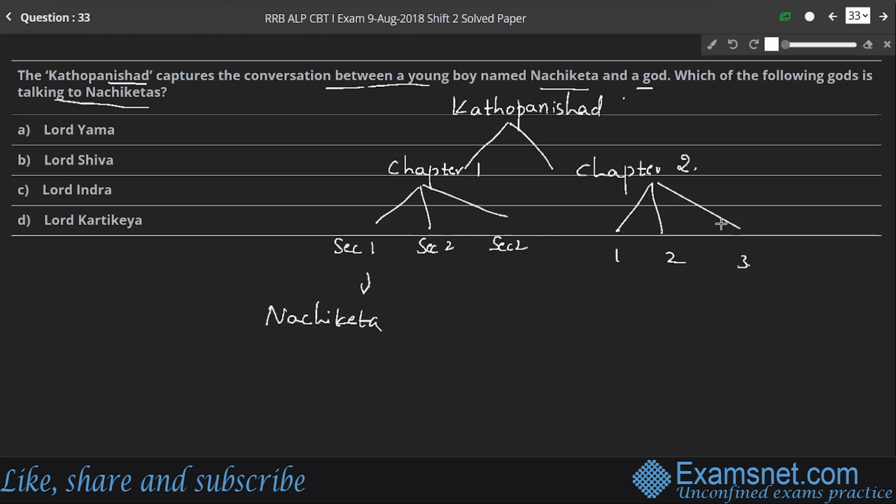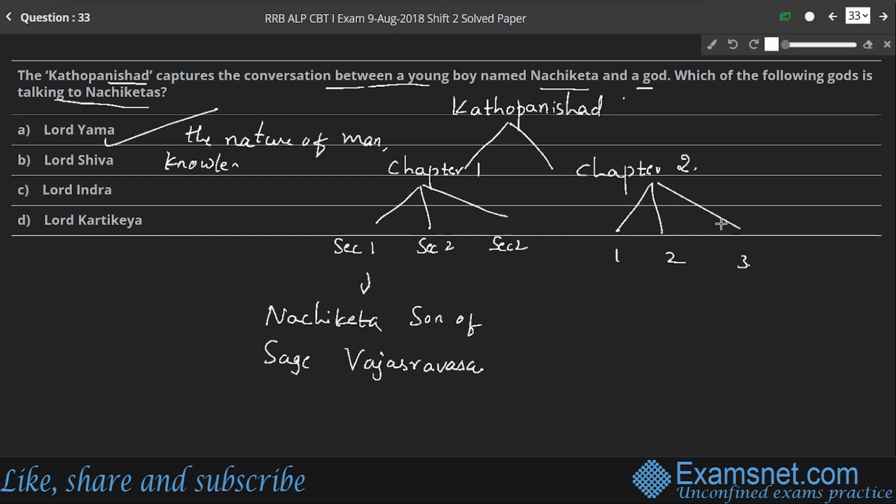Once Nachiketa met Lord Yama and discussed the nature of man, knowledge, soul, and moksha.